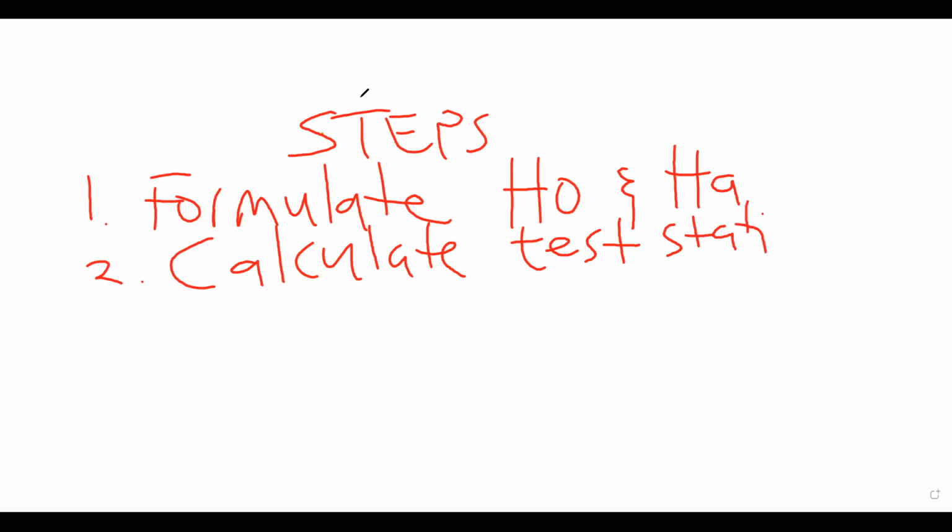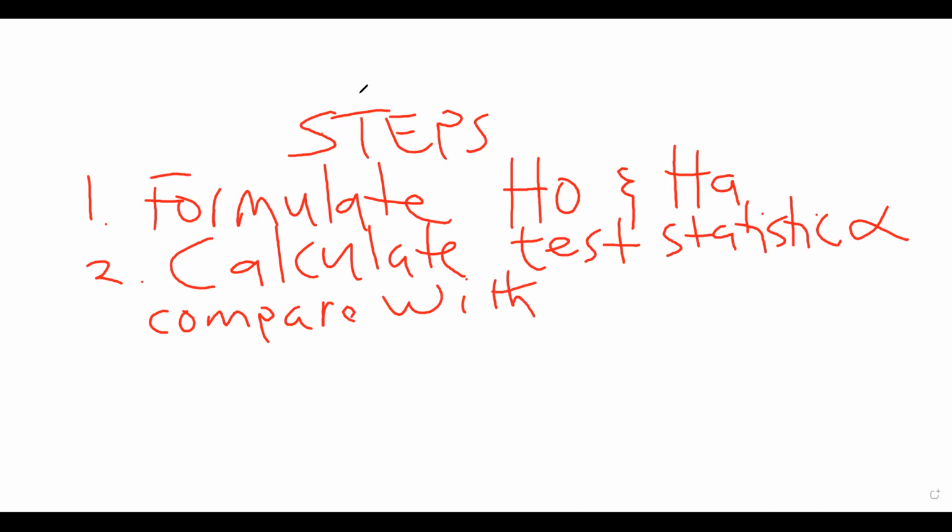Calculate the test statistic and then compare it with a critical value. The critical value is usually the one that you get from the table. Sometimes we call it a tabulated value.